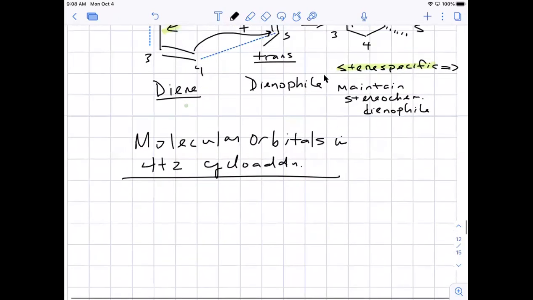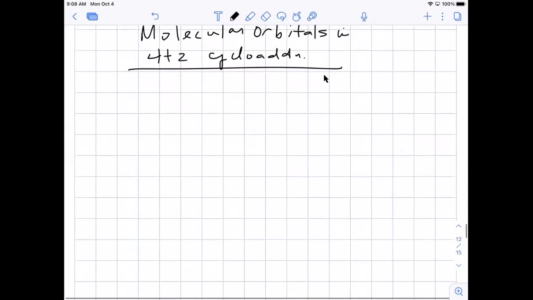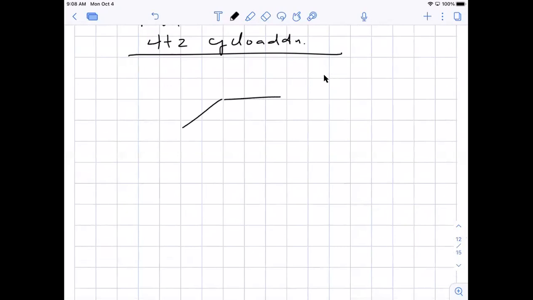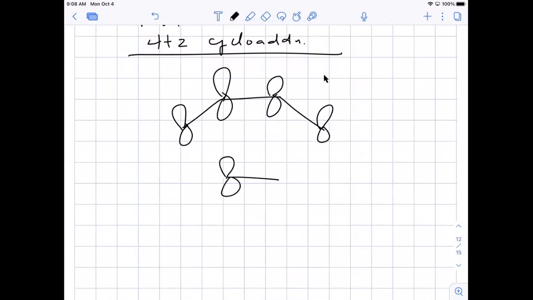Right, so the way this works is your diene is here. And you should have seen this in the video that I sent out. All right, this is your diene. It's a 4-pi system, so you got 4 p orbitals. And this is your dienophile, which has 2 p orbitals.